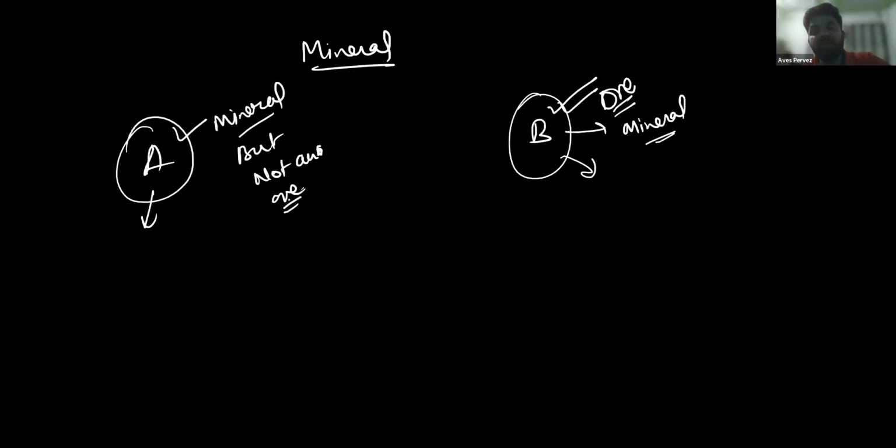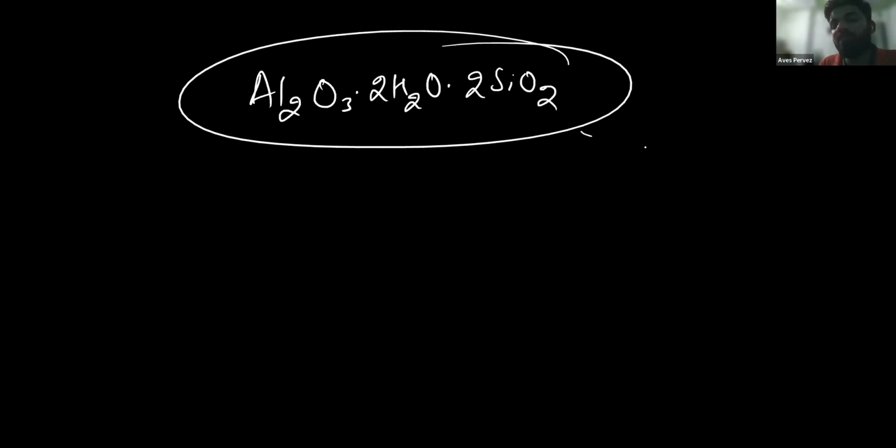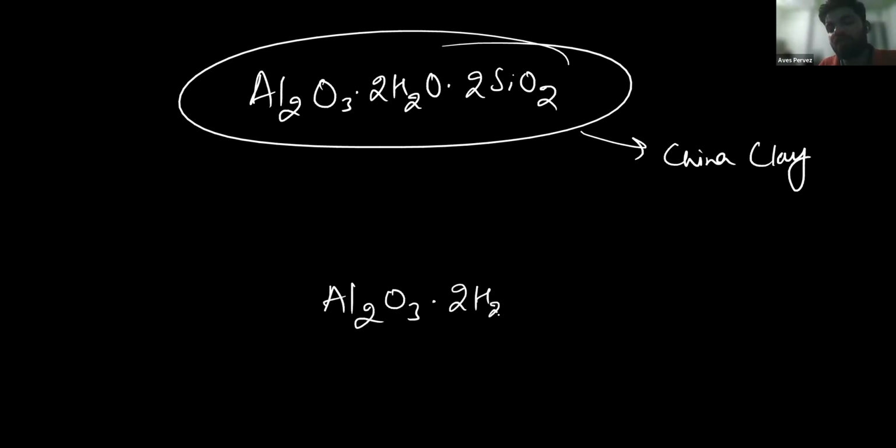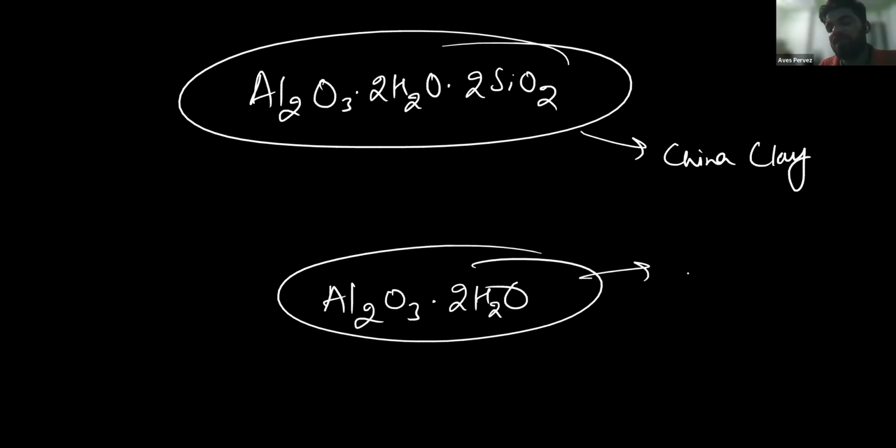Now you understood the difference. Ore is that mineral from which metal can be extracted economically. Let me give you another example. Like Al2O3.2H2O.2SiO2. This is the formula of China clay. And another, Al2O3.2H2O, is the formula for bauxite.